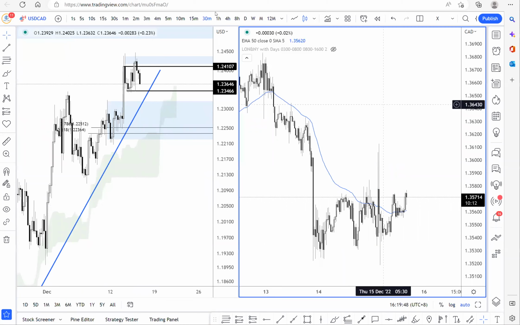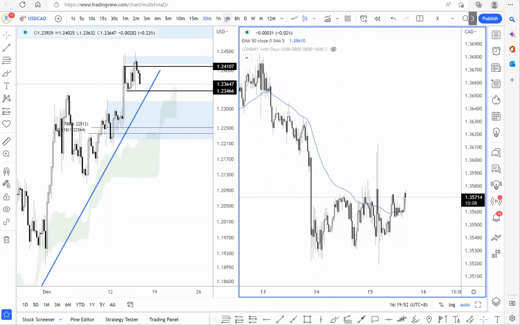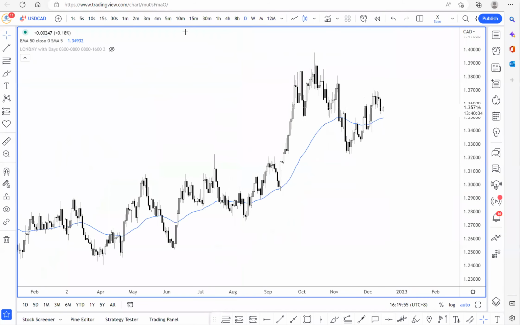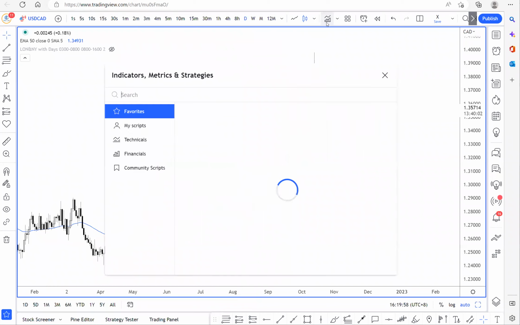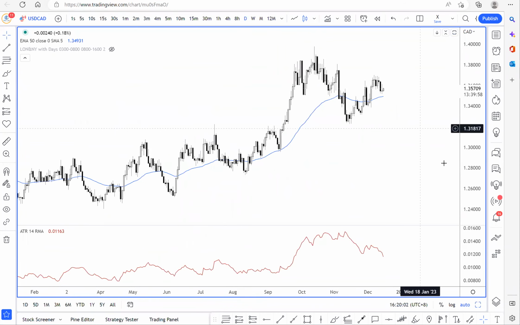So let's take a look at this. This is on dollar CAD. Let's say I'm on the daily time frame, you just want to load your average true range. So you can see on dollar CAD, the average true range is at about 120 pips.